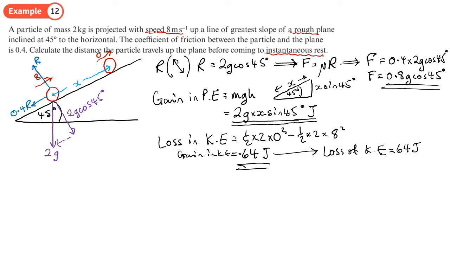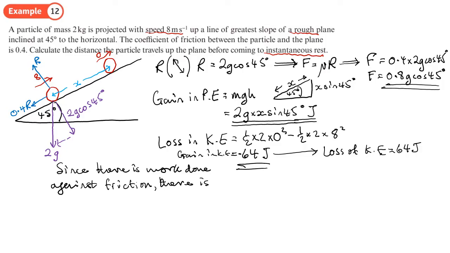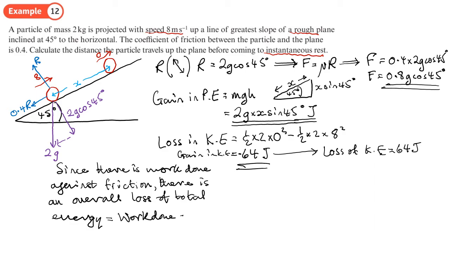Now, since there is work done against friction, that's because it's a rough slope, there is an overall loss of total energy, and that overall loss of total energy is equal to work done, and that's going to be the frictional force times the distance of that frictional force.